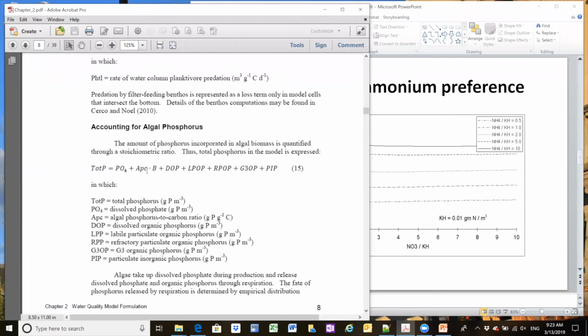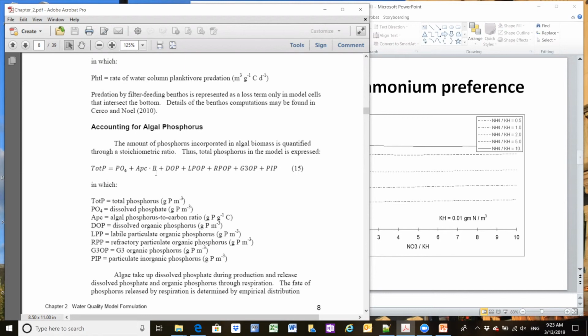So what we're saying is that the total phosphorus, we'll go backwards, is the particulate inorganic phosphorus, the refractory particulate organic, or this is the inert particulate organic, the refractory, the labile, the dissolved phosphorus, and the phosphorus that's bound up in the algae. And APC is a parameter that you as a modeler will specify.